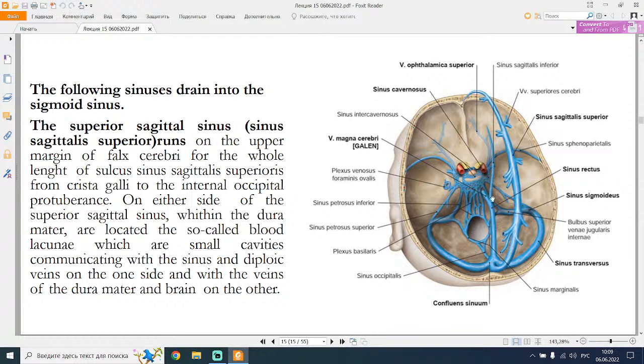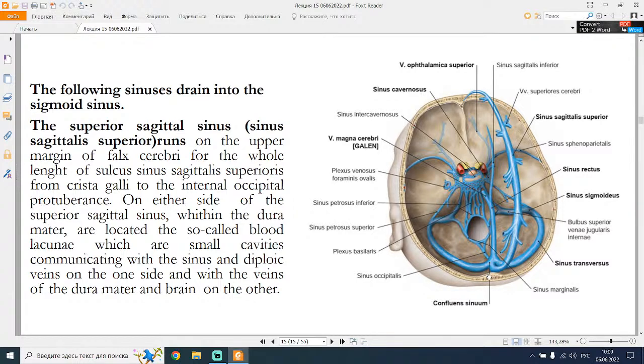Next, the superior sagittal sinus, sinus sagittalis superior. It lies on the upper margin of the falx cerebri for the whole length of the sulcus sinus sagittalis superioris, from the crista galli to the internal occipital protuberance.